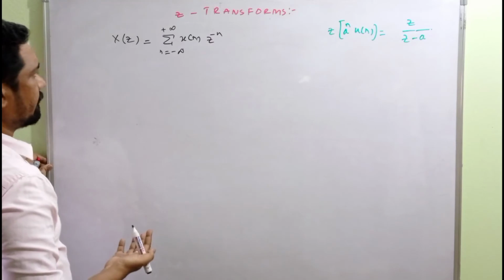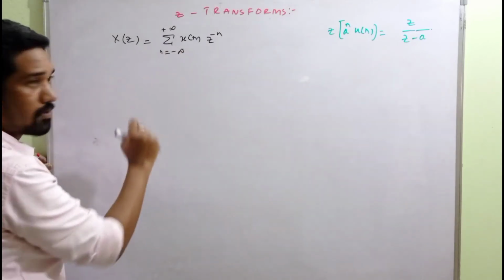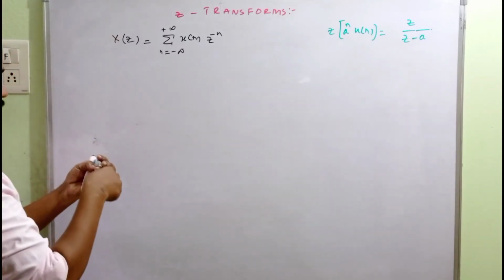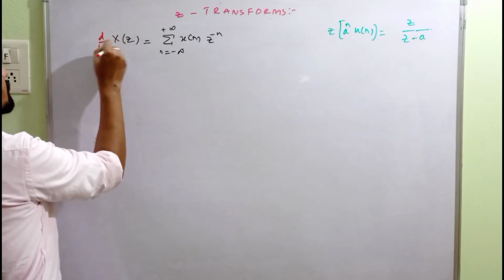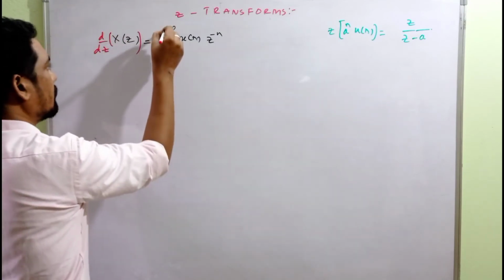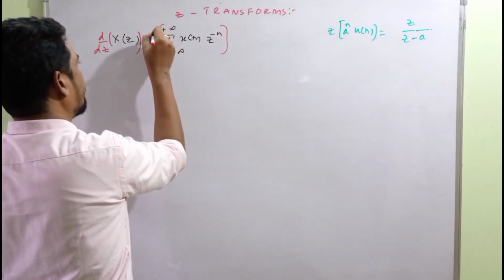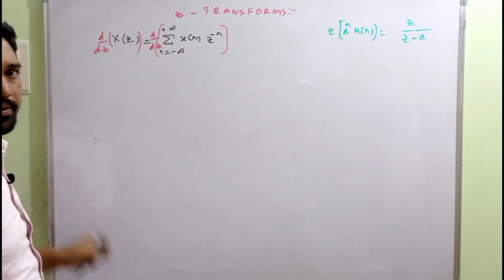And what if we perform some mathematical operation on either side of the equation, what will be the resultant if we go for d by dz on either side of the whole function?